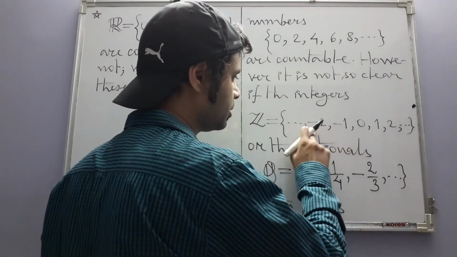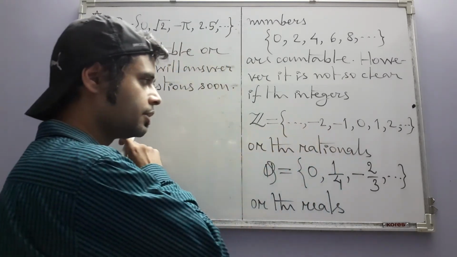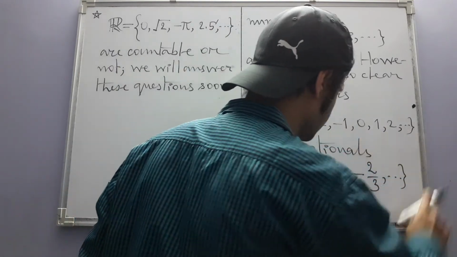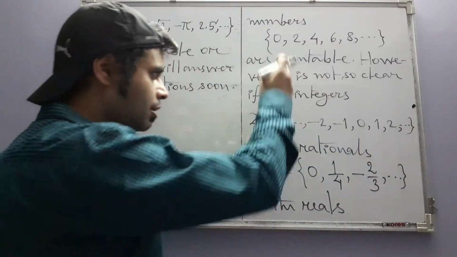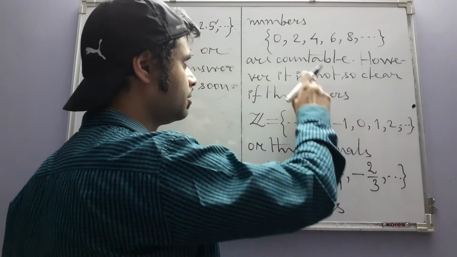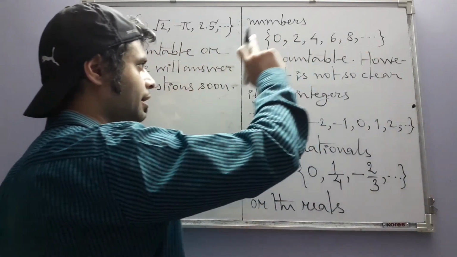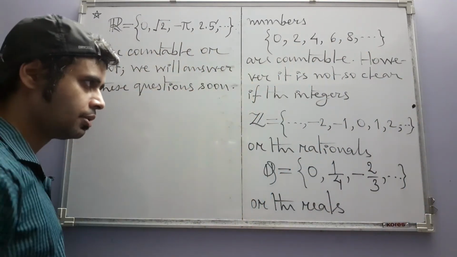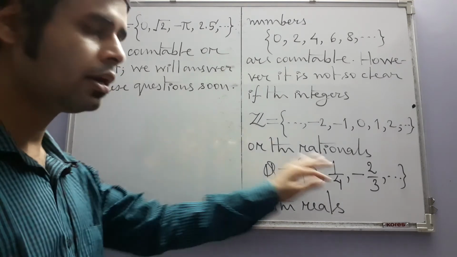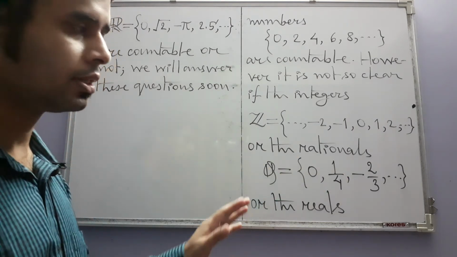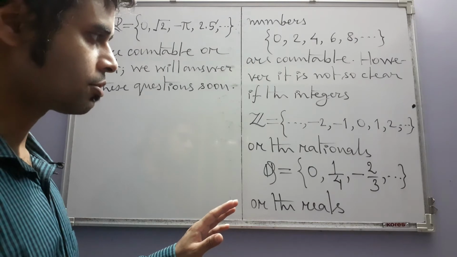It's going indefinitely in this direction and also indefinitely in this direction. So what will you do? How will you set up the correspondence of this set with another set, namely the set of natural numbers which is singly infinite?